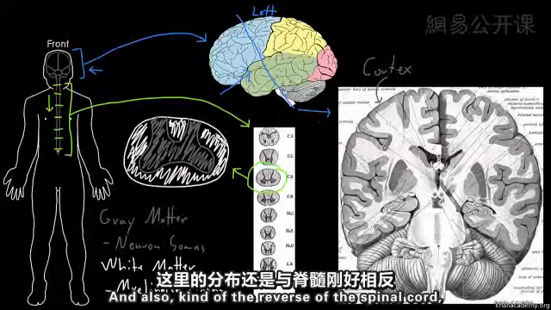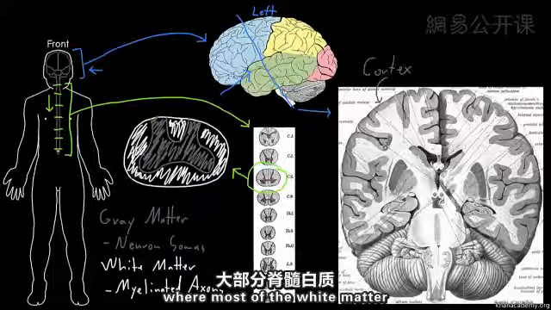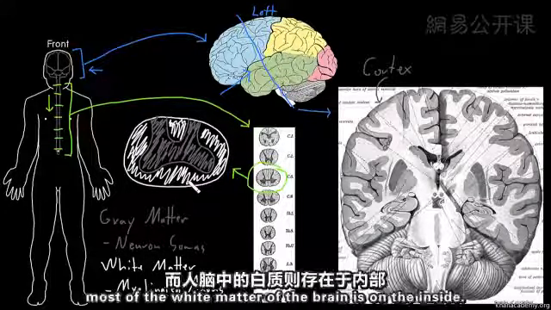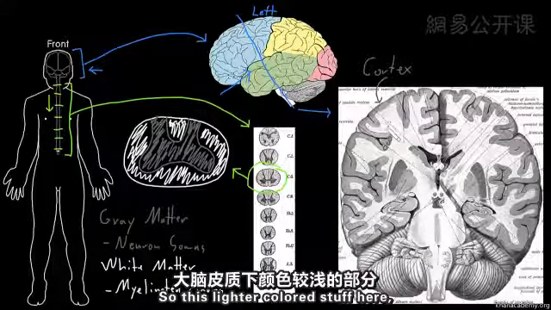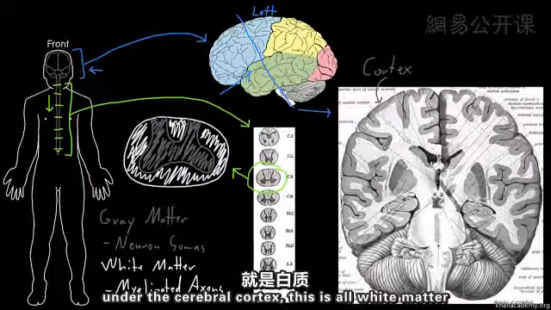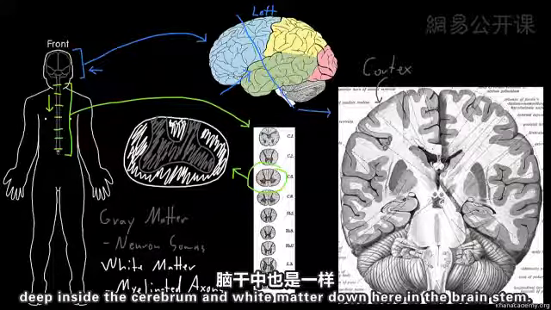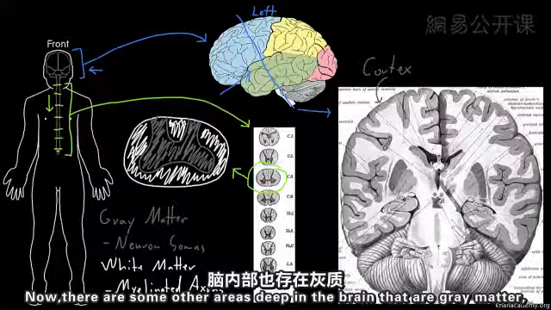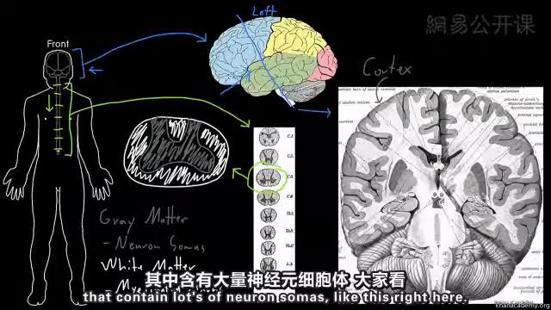And also kind of the reverse of the spinal cord, where most of the white matter was on the outside of the spinal cord, most of the white matter of the brain is on the inside. So this lighter colored stuff here under the cerebral cortex, this is all white matter deep inside the cerebrum, and white matter down here in the brainstem. Now there are some other areas deep in the brain that are gray matter that contain lots of neuron somas like this right here.